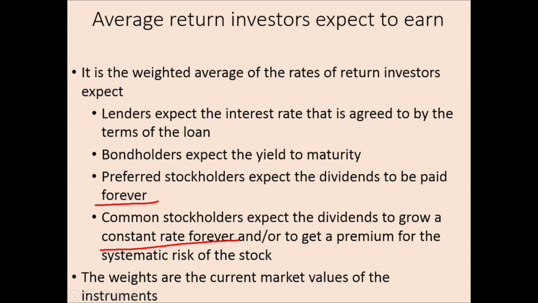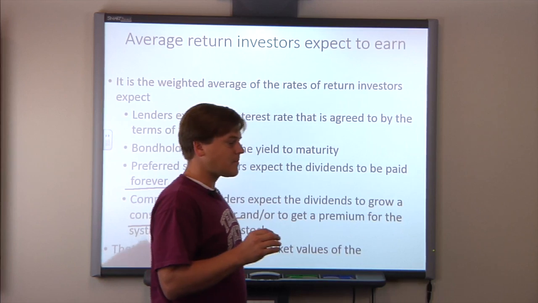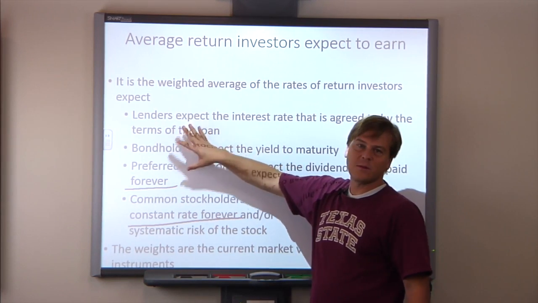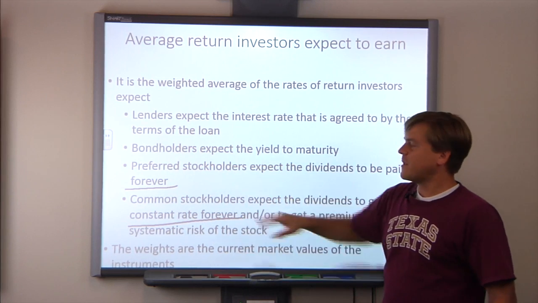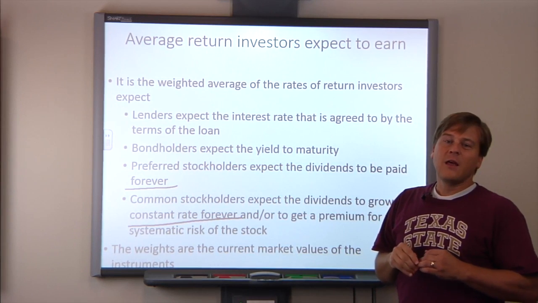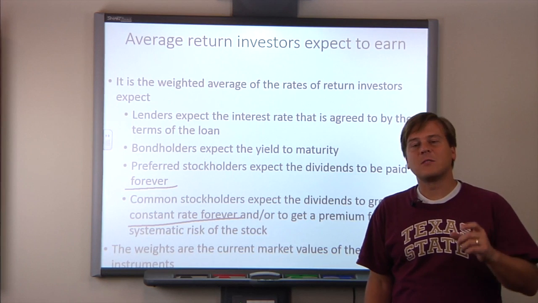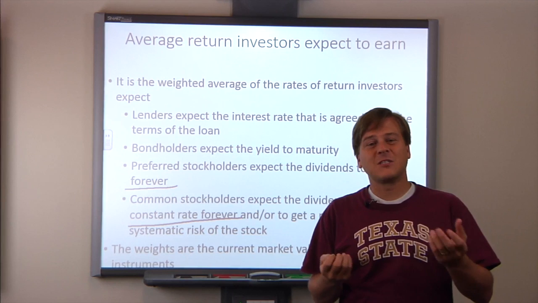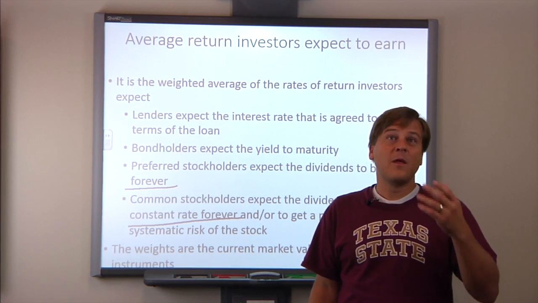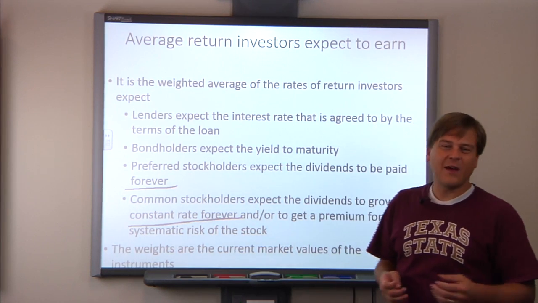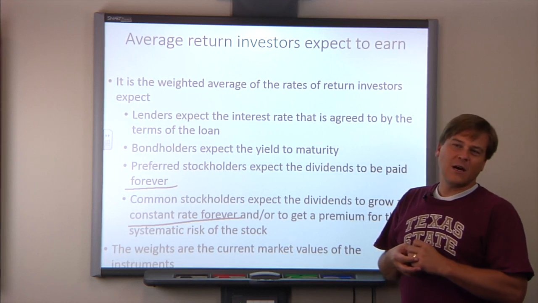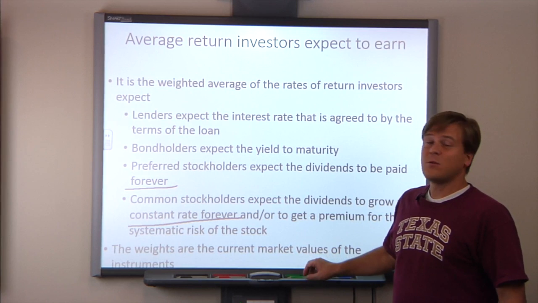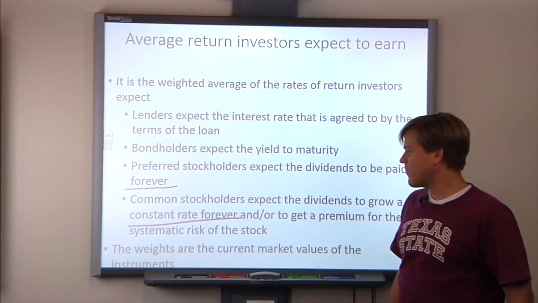So the weights are going to be market values of these instruments. They are not going to be the book values. The book values might be relatively close for some kind of debt instrument, but definitely not going to work for common stock. If you looked at the amount of common stock a company that's been around 80 years might have, it could actually be negative, because they have purchased back shares of stock over time, and they'll purchase them back at higher prices than the price that they sold them for, because the company's done well over this time.